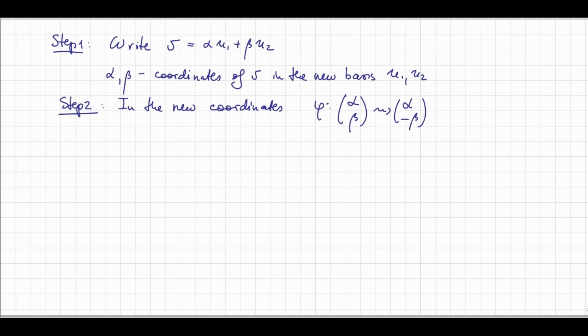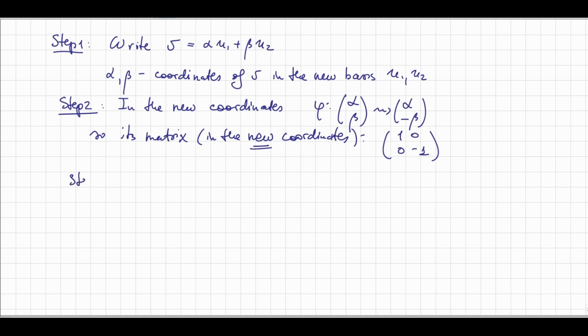It fixes the first basis vector and maps the second basis vector to minus itself. So its matrix in the new coordinates is very simple. It is simply the diagonal matrix 1, 0, 0, minus 1.